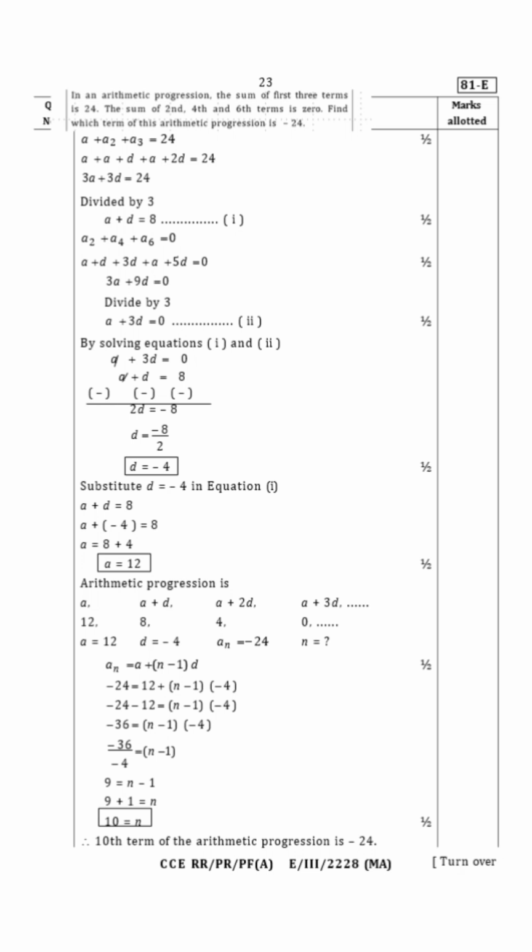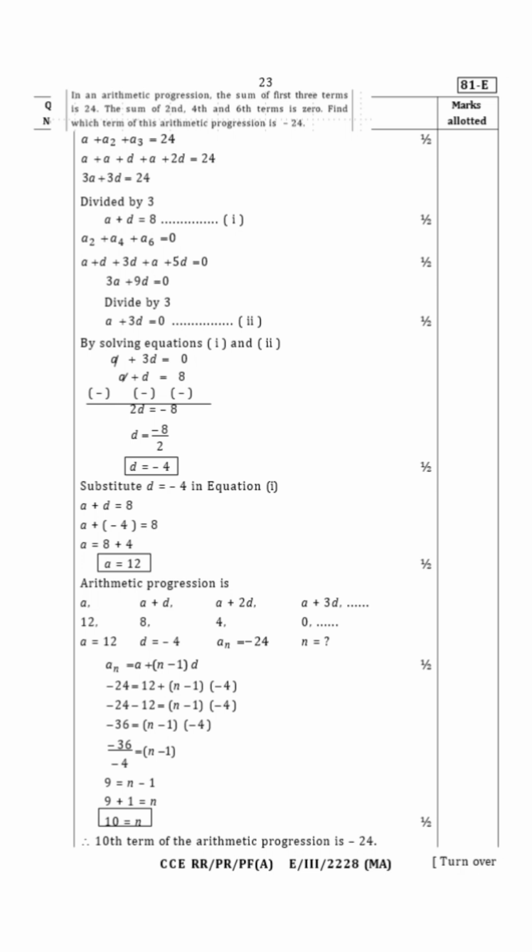This question is also taken from the chapter Arithmetic Progression. Here what is given? a plus a2, second term, plus a3, third term, is equal to 24. This is the sum of the first three terms. a plus a2 is a plus d, a3 is a plus 2d, that is equal to 24.